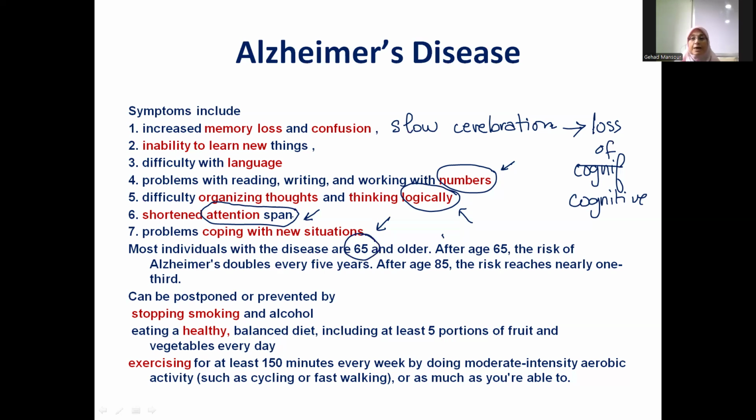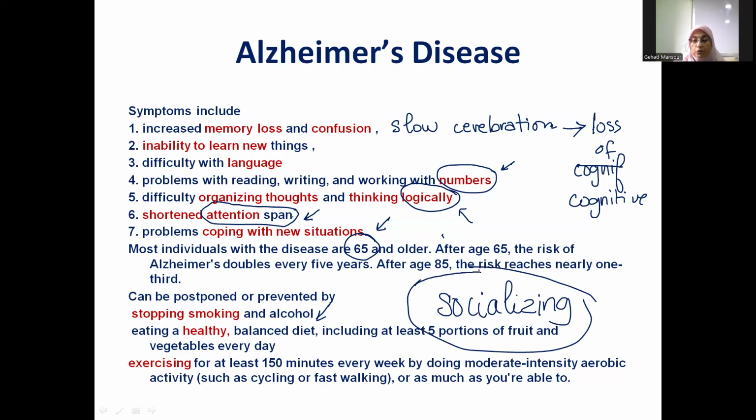Of course, we can diminish or delay the incidence of Alzheimer's disease by diminishing all the predisposing factors like smoking, like alcohol, by eating healthy, by exercising, and of course, by socializing. That's why it is important to talk to elderly people and not to leave them alone.